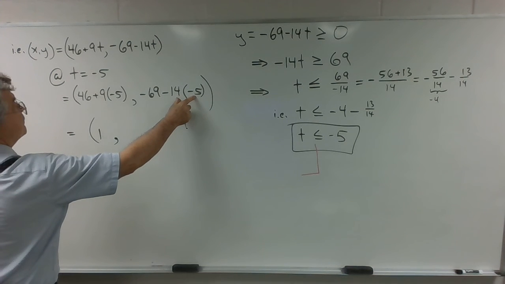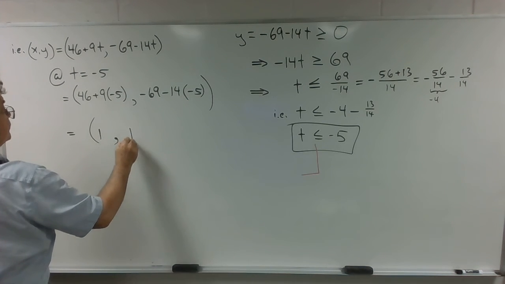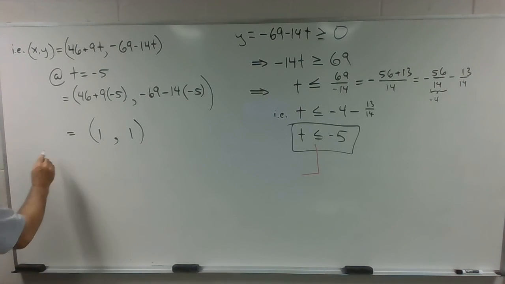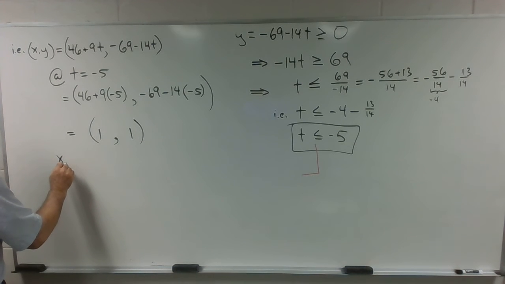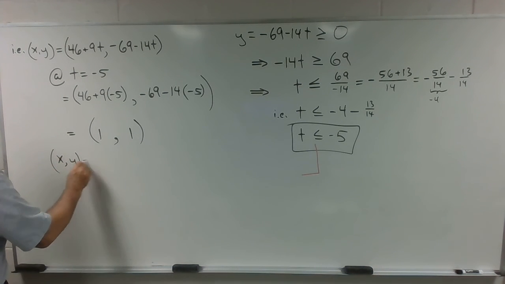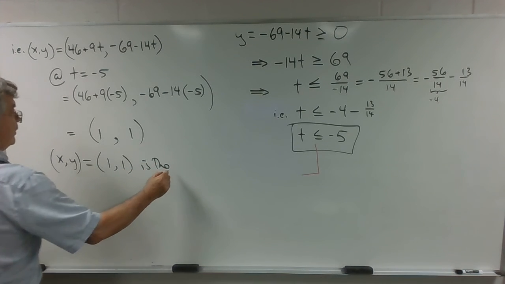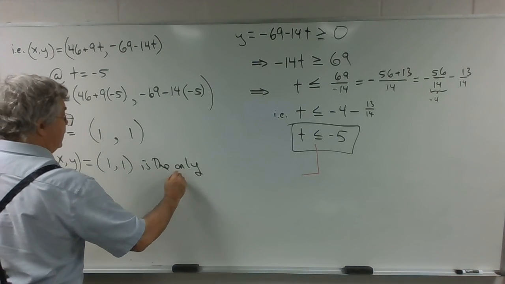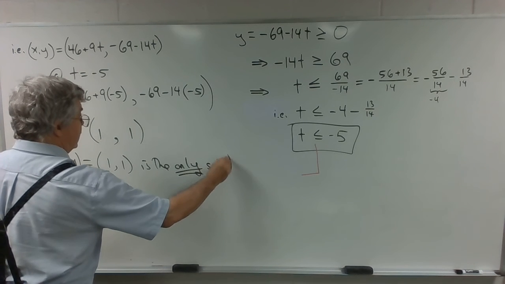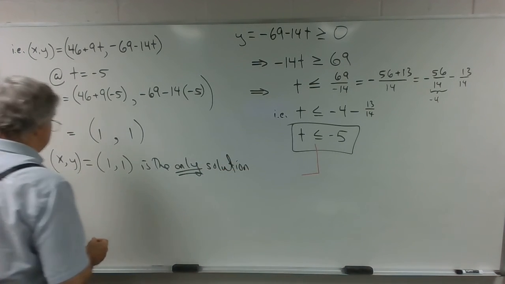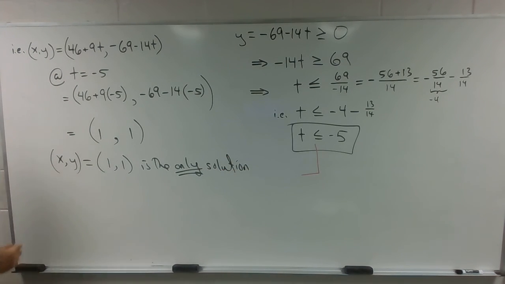Let's see, negative 5 times negative 14, that's positive 70 minus 69 is, oh my goodness. X equals 1, y equals 1 is the only solution.